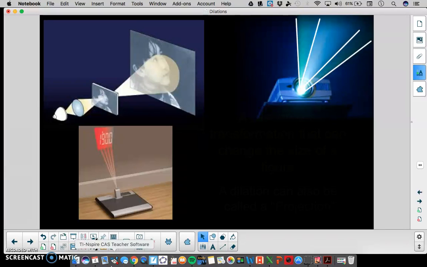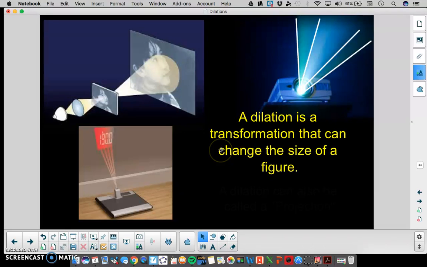Right now we're going to get into what a dilation is. And here's some examples from the real world of what we would see as a dilation. A dilation is a transformation that can change the size of a figure. So like a projector screen, we have this point at which we're projecting an image out.